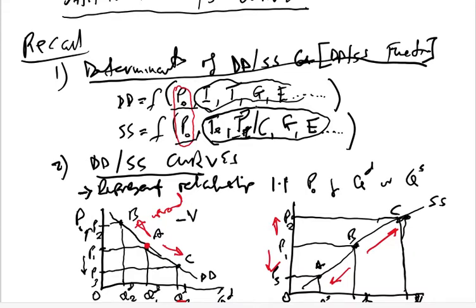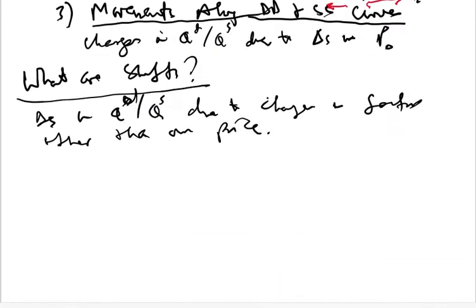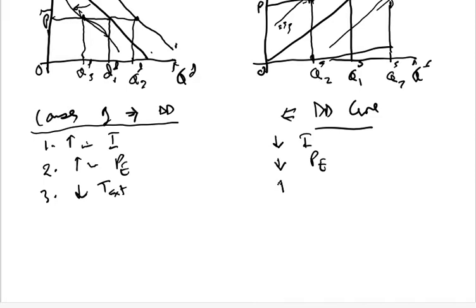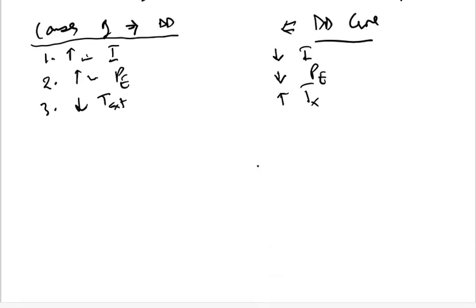For example, if the government reduces a tax on a product, demand will increase. What about leftward shifts in the demand curve? Then it's the opposite of this. So it will be a reduction in income of consumers, a decline in expected price, and then imposition of a tax by the government. This will reduce demand.